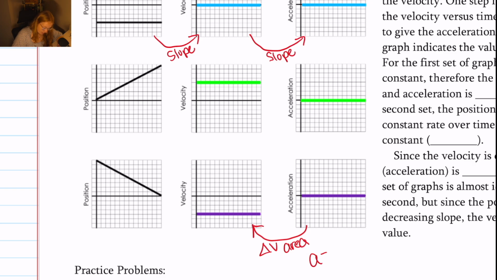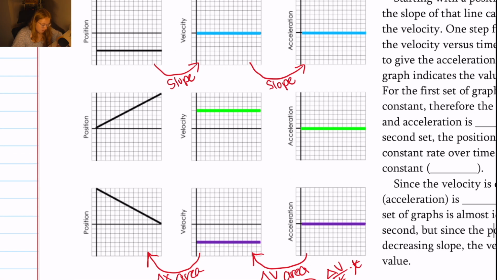And that can be proven if you look at the formula. If you want velocity, it's acceleration times time, which is an area. If you're multiplying, it's an area. We could also take our velocity graph and find the change in position by doing the area of the velocity graph. So we can do the slope to go from position to velocity and velocity to acceleration.